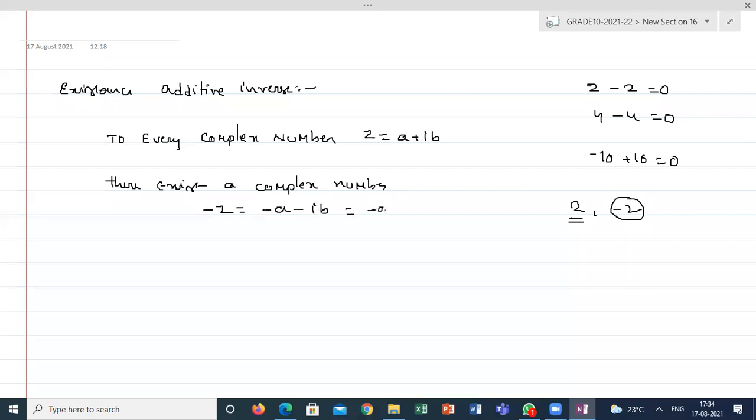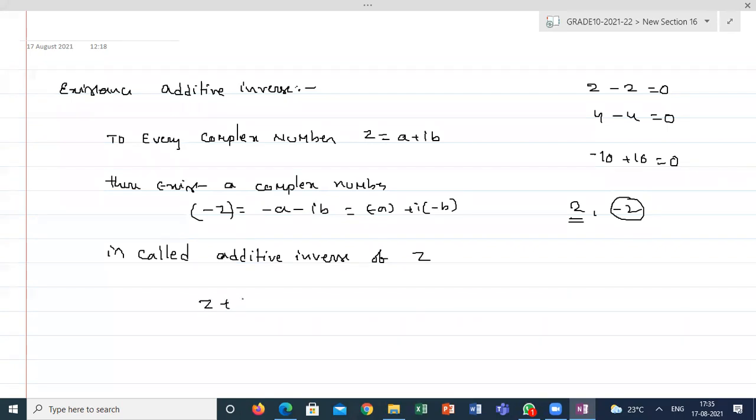This can be written as minus a plus i into minus b. It is denoted by minus Z and is called the additive inverse of Z.